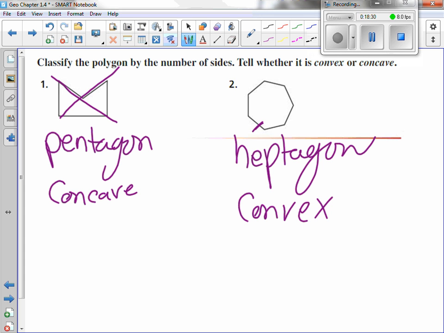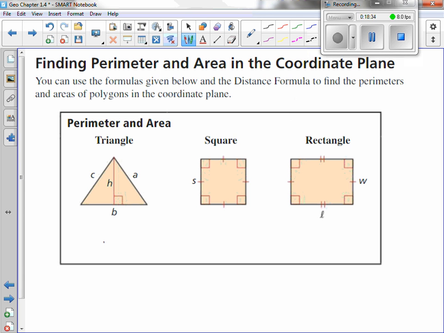Questions on this here? We good with everything so far? Perimeter and area. Perimeter is what? Perimeter is adding all the side lengths together.